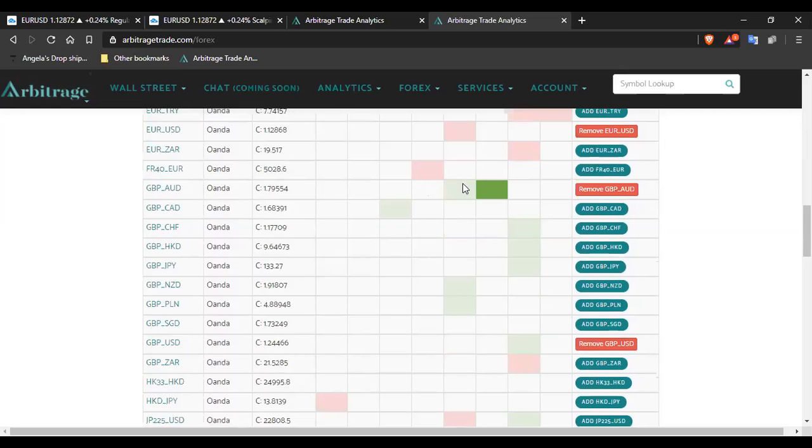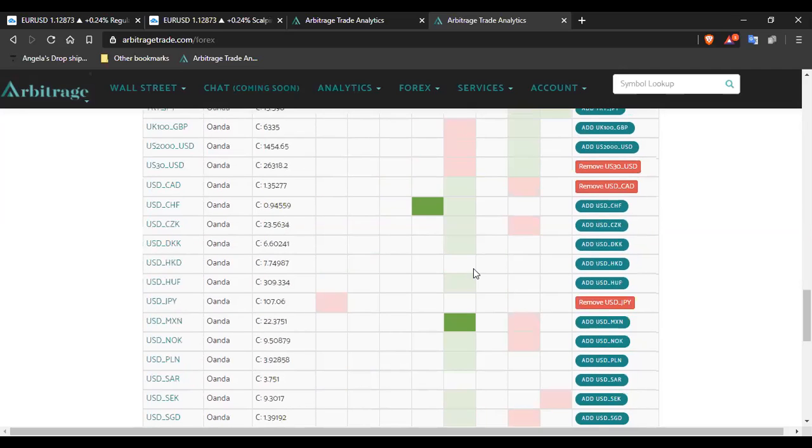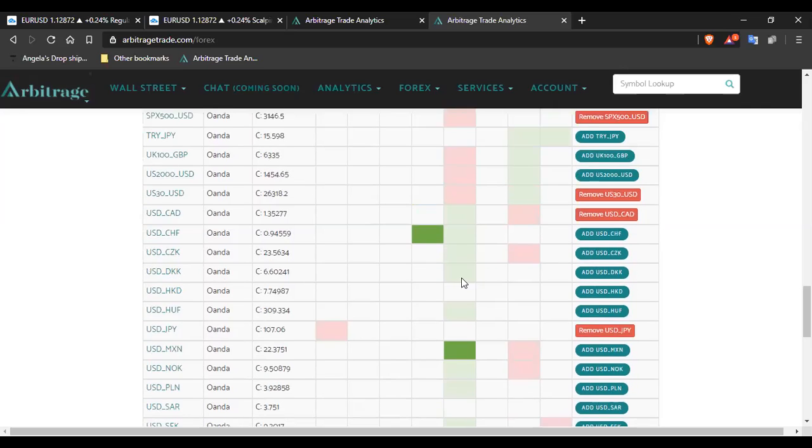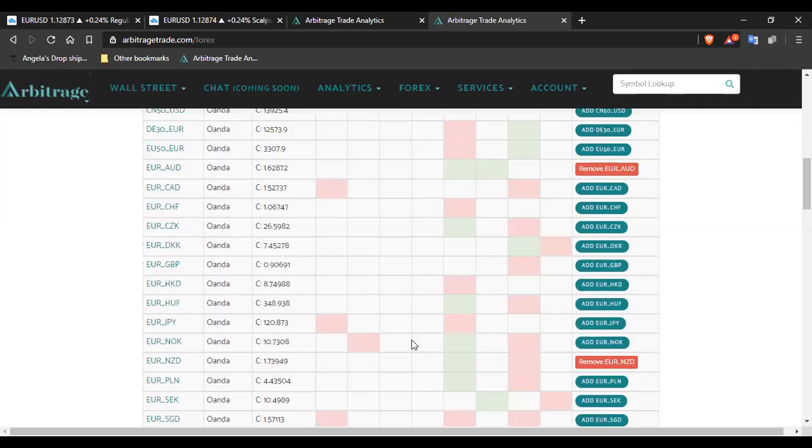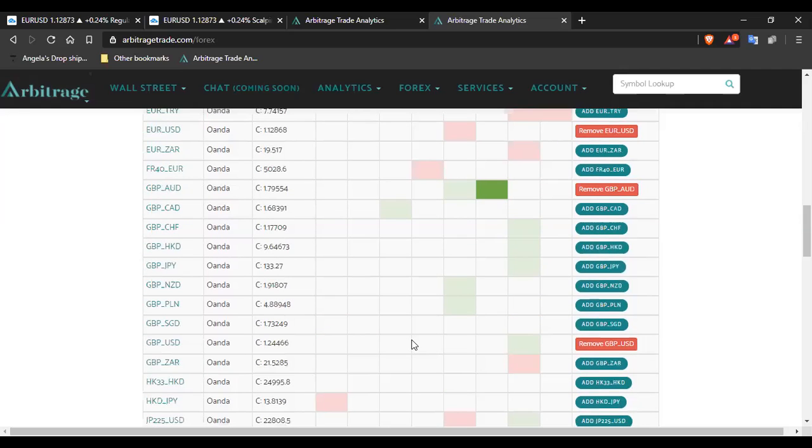So GA 2-hour, USDCHF 30-minute. Okay. USD Mexican, this is the 1-hour, I believe. Yep, 1-hour. So USD Mexican on the 1-hour. These are for buys.